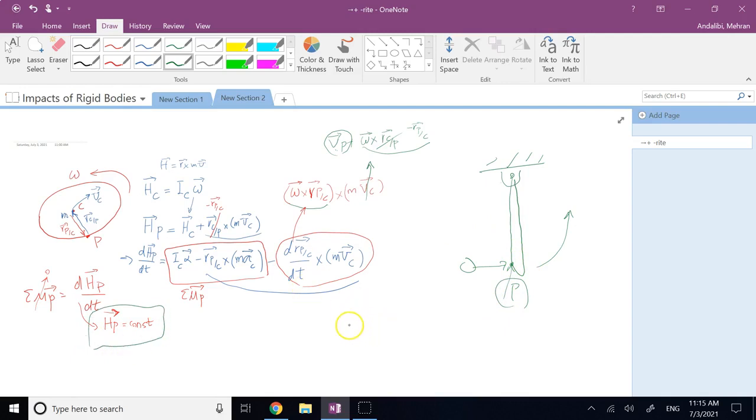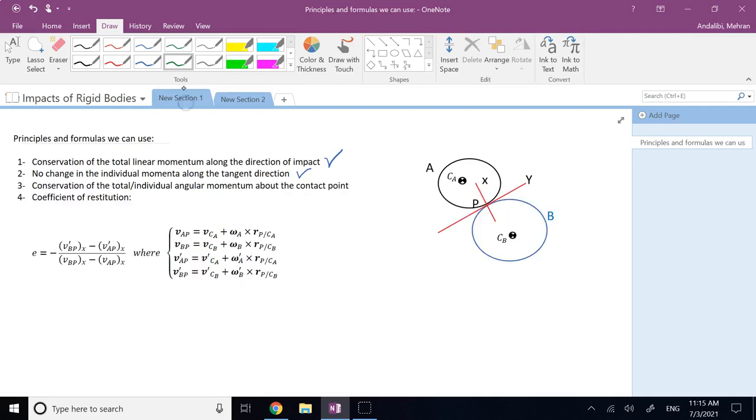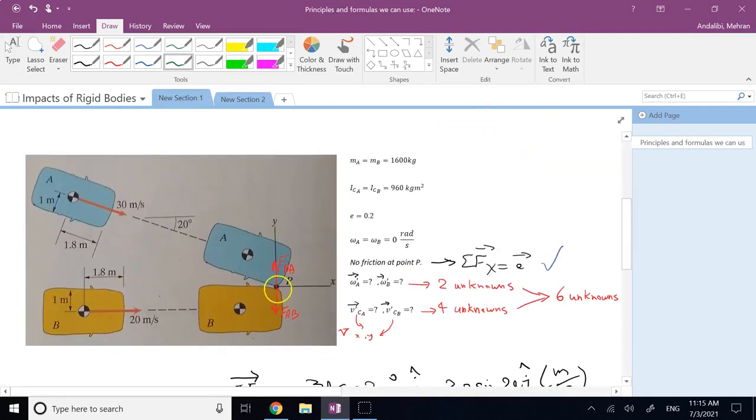But the thing is, when these two cars hit each other, during the impact, this point P belongs to each one of these cars, right? There are actually two P's, one P for the top, one for the bottom one.